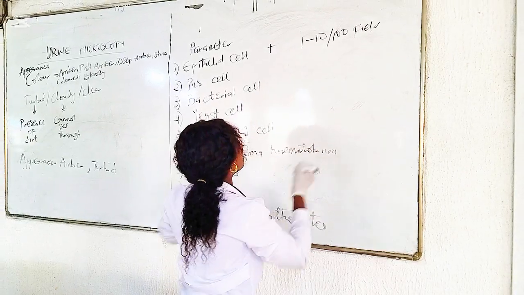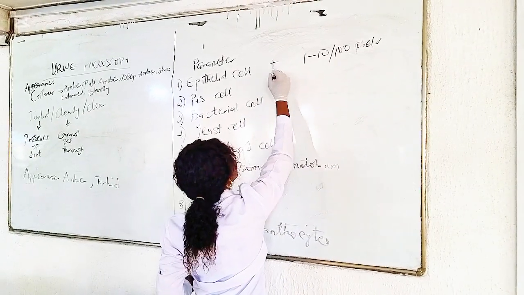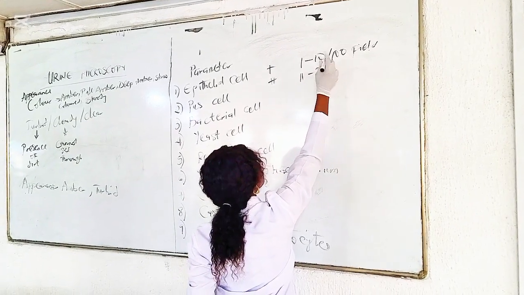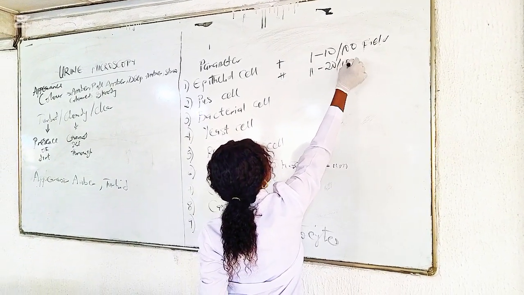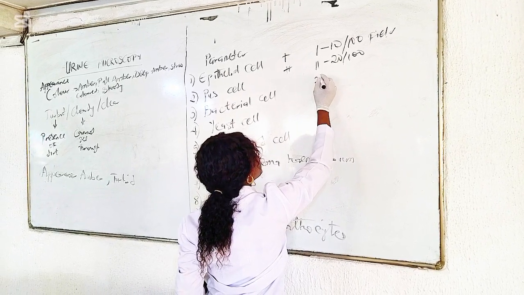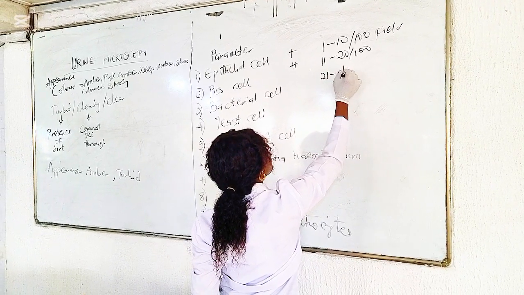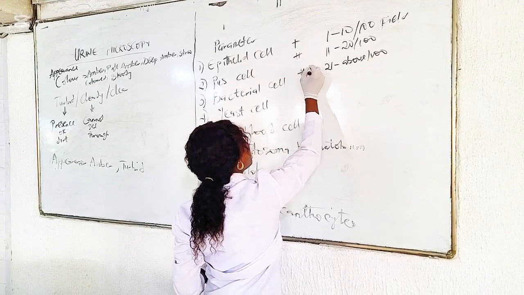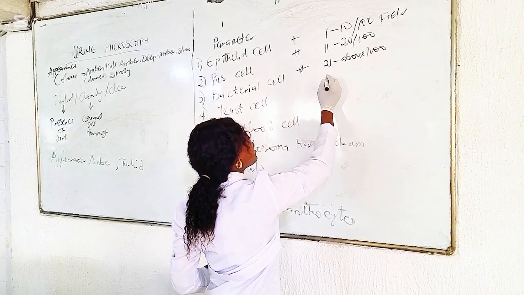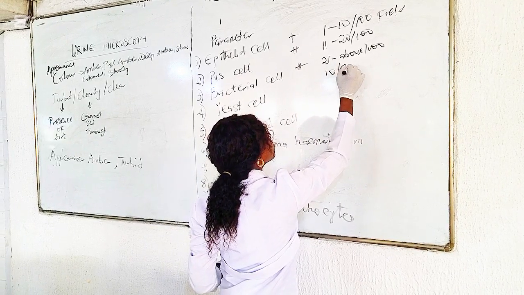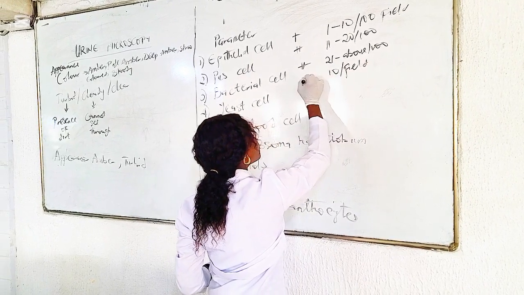It's 2 pluses if you see 11 to 20 per 100 fields. And then if you see 21 and above per 100 fields, it is 3 pluses. Or if you see 10 per field, it is also 3 pluses.